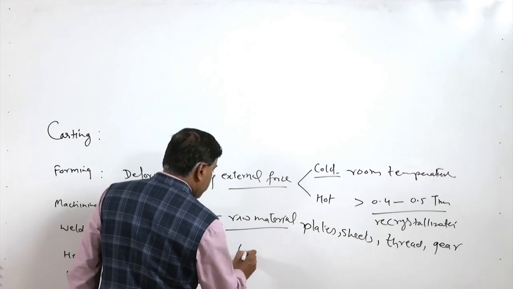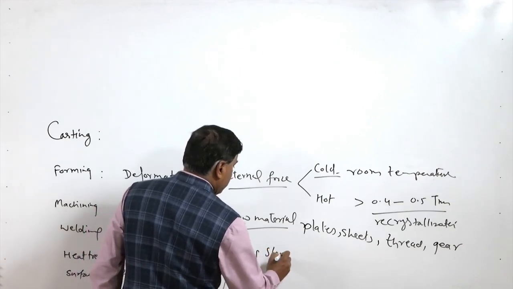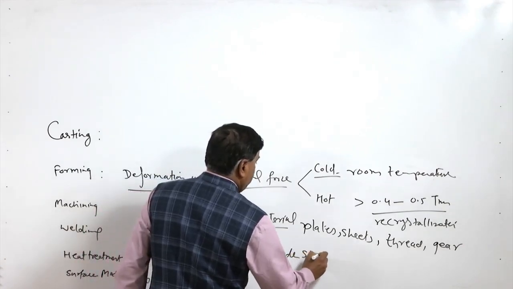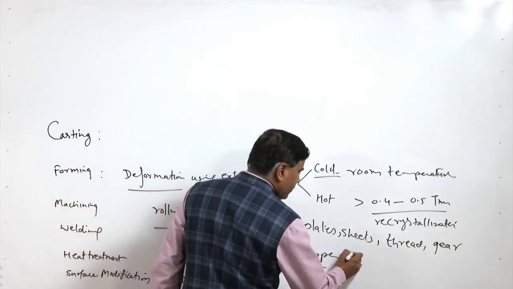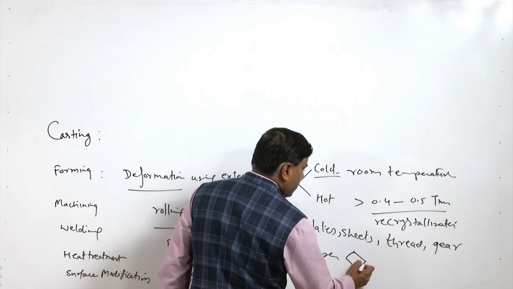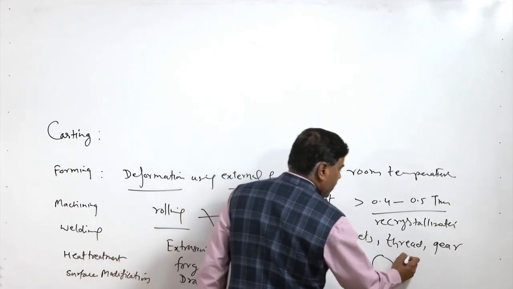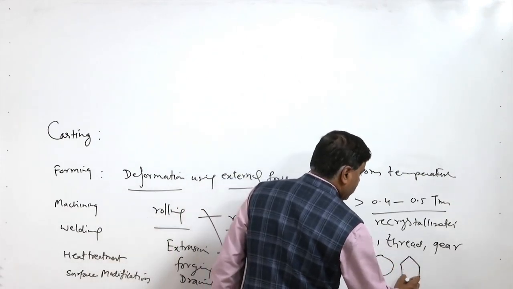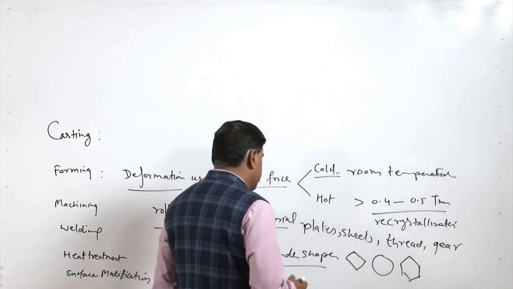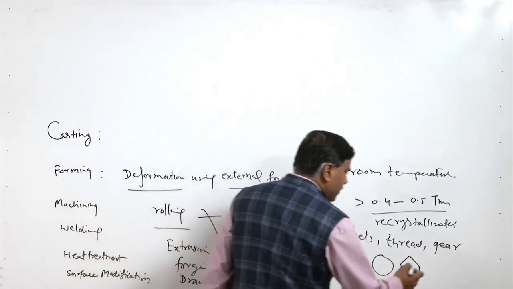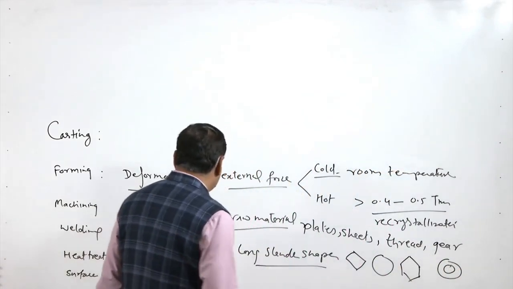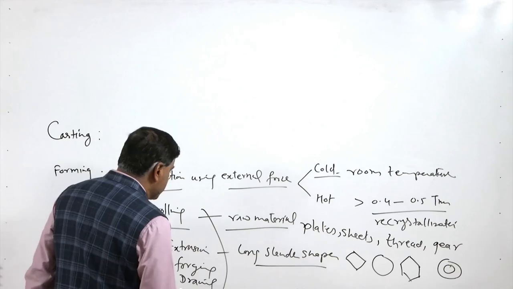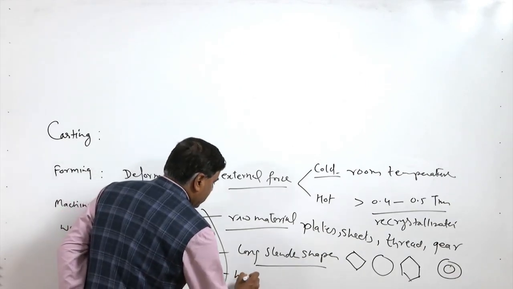Extrusion is used for making long cylinder shape products with reduced cross sectional area, for bars of different cross sections like circular, cylindrical or hexagonal. So, these different cross sectional shapes can be produced, and even hollow sections can also be produced through the extrusion process.